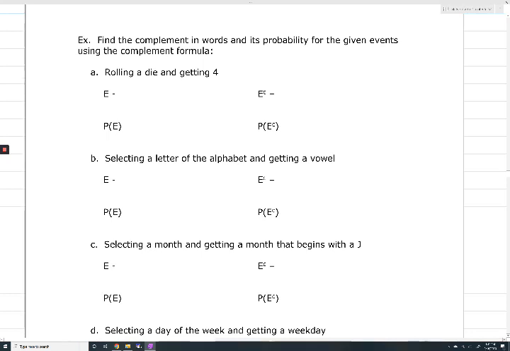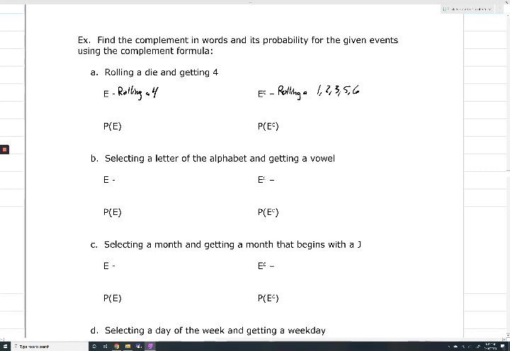So we're going to roll a die and we're going to get a 4. So what is the event? The event is rolling a 4. What is the complement of that? The complement of that is rolling a 1, 2, 3, 5, or 6.